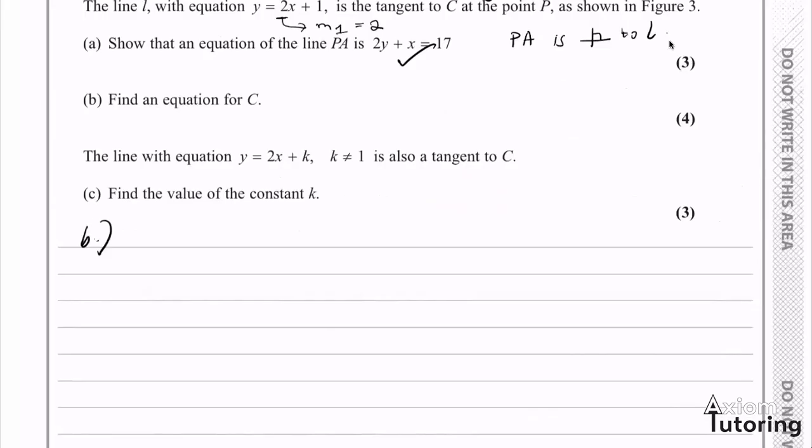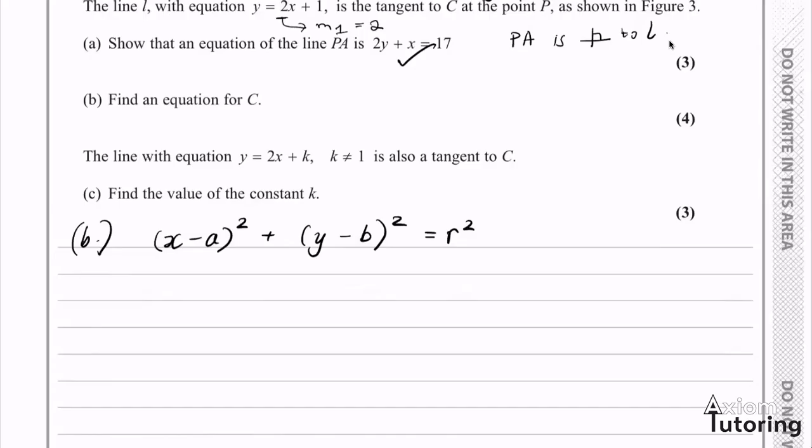For part B, the first thing I'm going to do is write down the form of a circle equation. That's x minus a squared plus y minus b squared equals r squared.